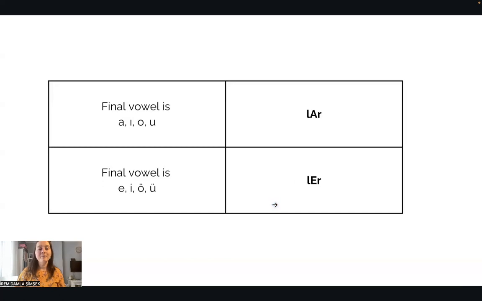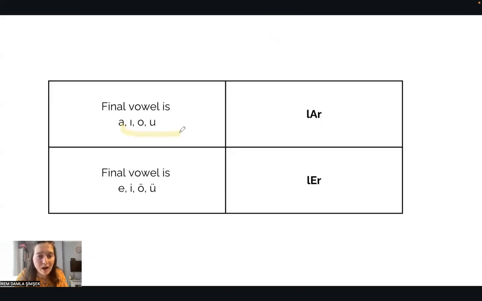So you have a word, and the final vowel of the word is a, ı, o, u. You follow with lar. Let me get my pencil here.